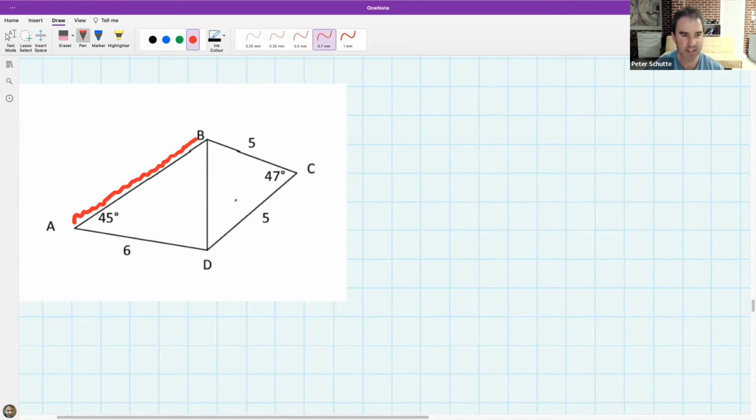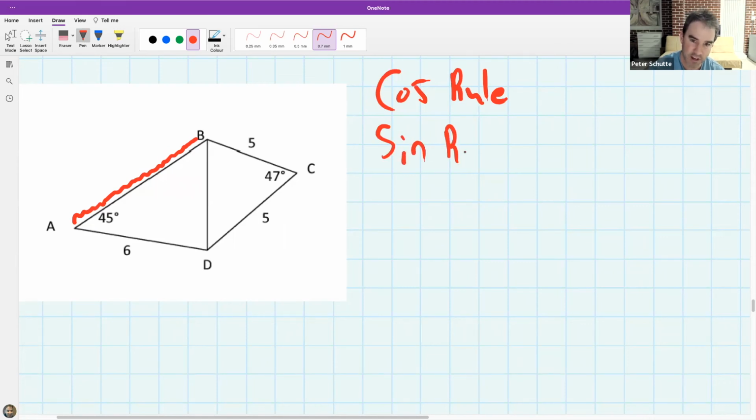However, in order to find the length of AB, you are not just going to use the cos rule. You will use the cos rule initially, but then you may need to use the sine rule along the way in order to help you get AB.